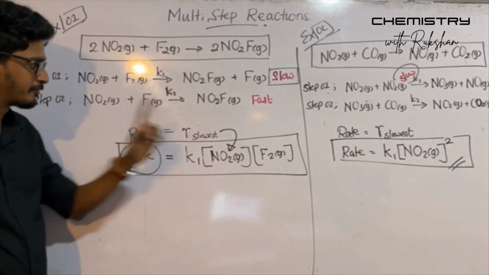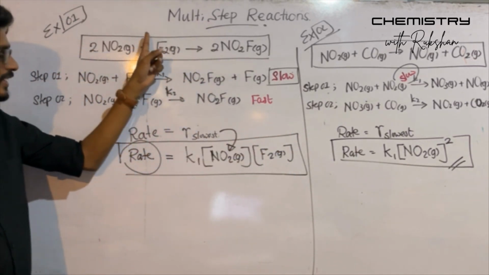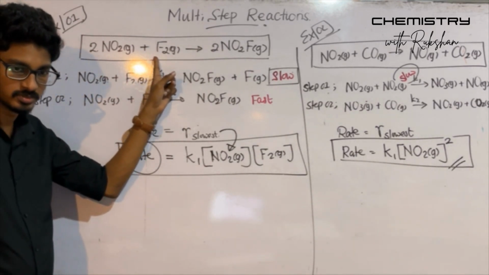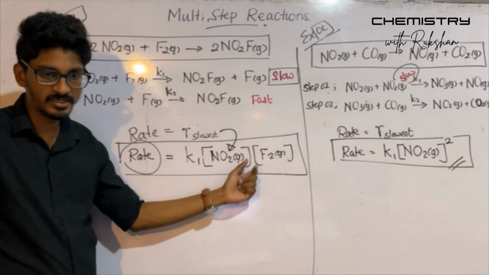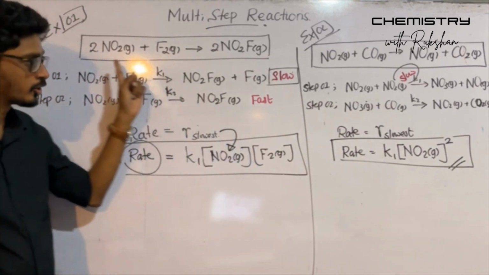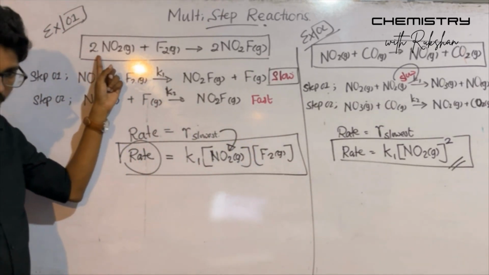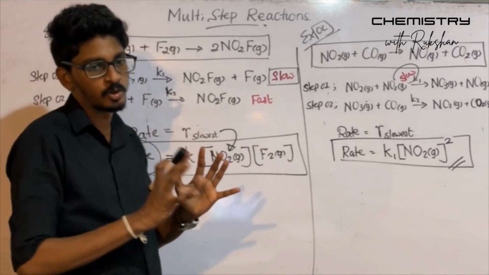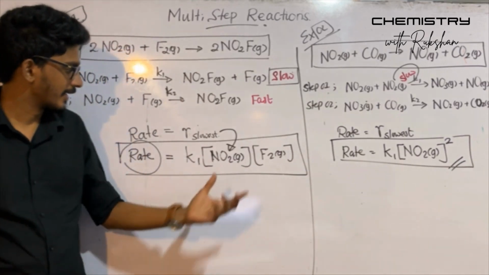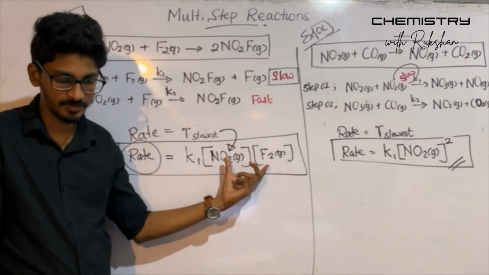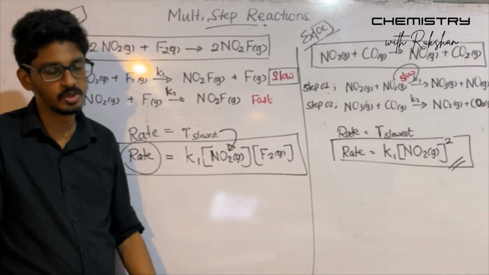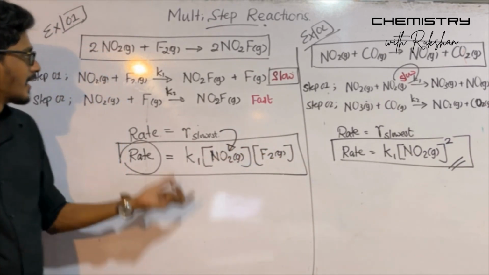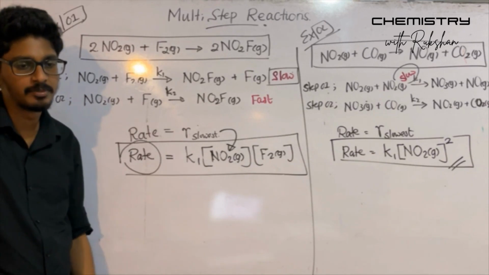Order with respect to X2 is 1. That is actually the same as the stoichiometric value. But order with respect to NO2 is 1, which is not the stoichiometric value of the overall reaction. So, order with respect to reactants may or may not equal the stoichiometric values of the reactants of the multi-step reaction.